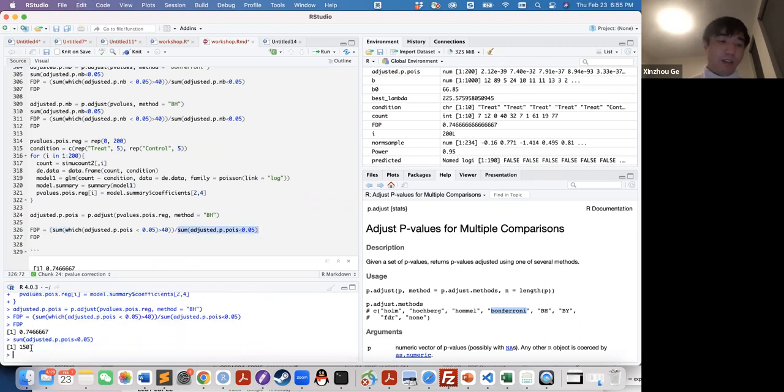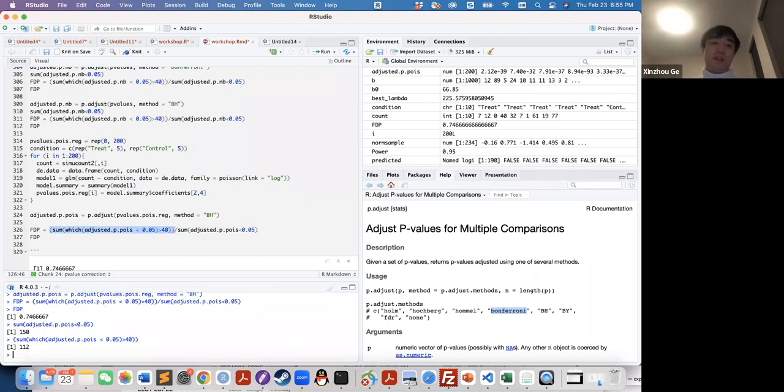We have 150 discoveries. It's almost everything. And if we look at the number of false discoveries, we will have 112 false discoveries. So it means that if we use the wrong model, the results are not trustworthy at all. So we call this model misspecification, and you always want to avoid such problems.